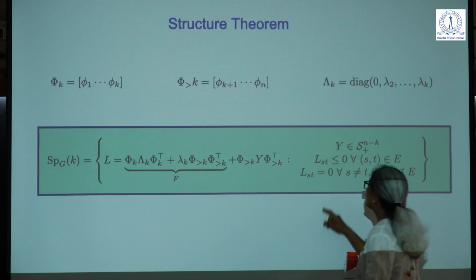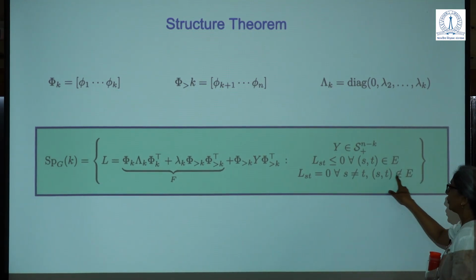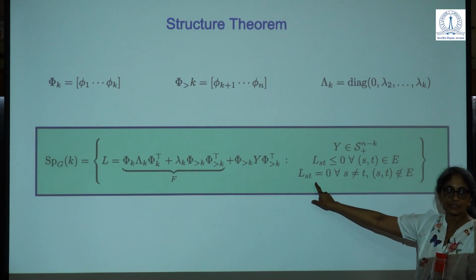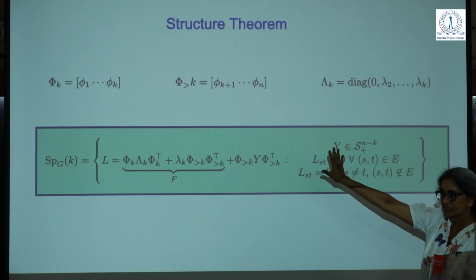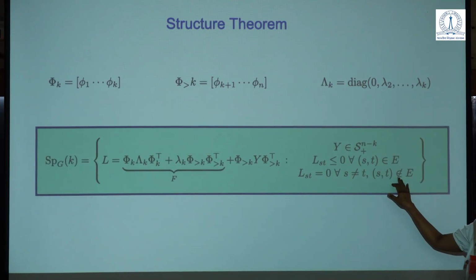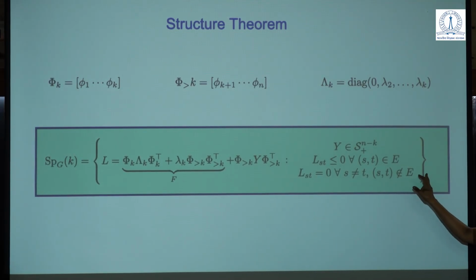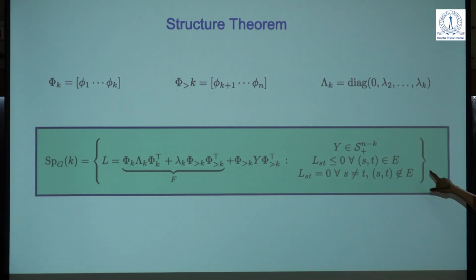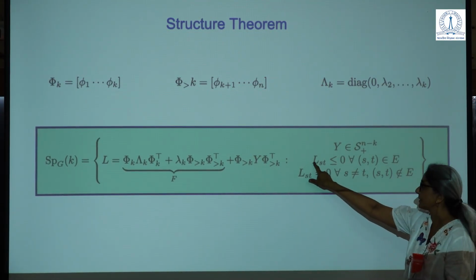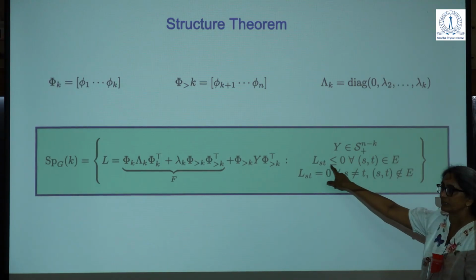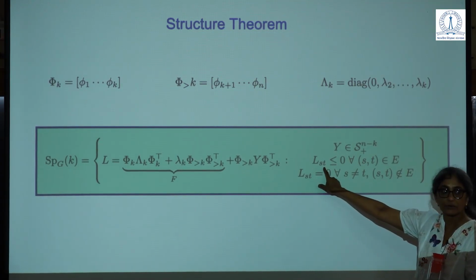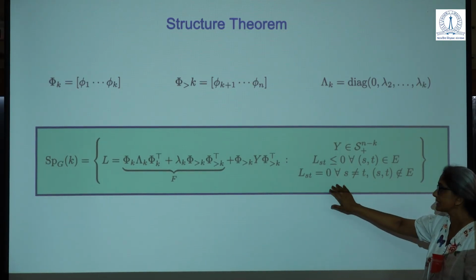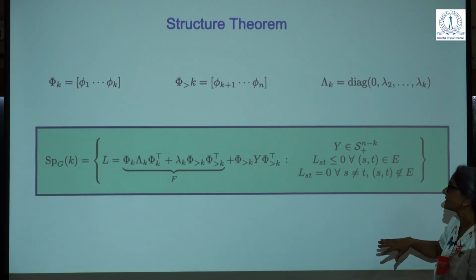So this is just guaranteeing that no new edges can appear. The ST entry in the Laplacian, whatever we construct, has to remain 0 if ST was not an edge. So the bottom is to guarantee that no new edges appear. This one is to guarantee that whatever edges appear, they have to be in the Laplacian with a negative weight or a 0 weight. This is just making sure it looks like a Laplacian, and this is making sure no new edges appear.